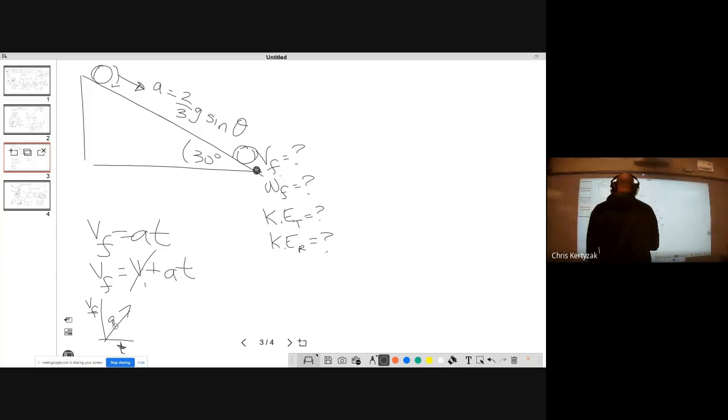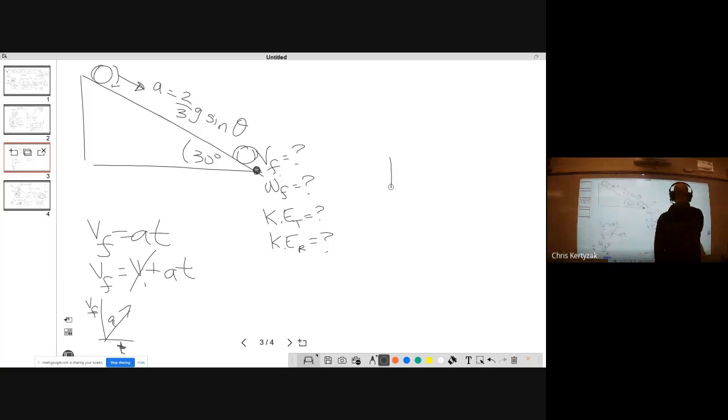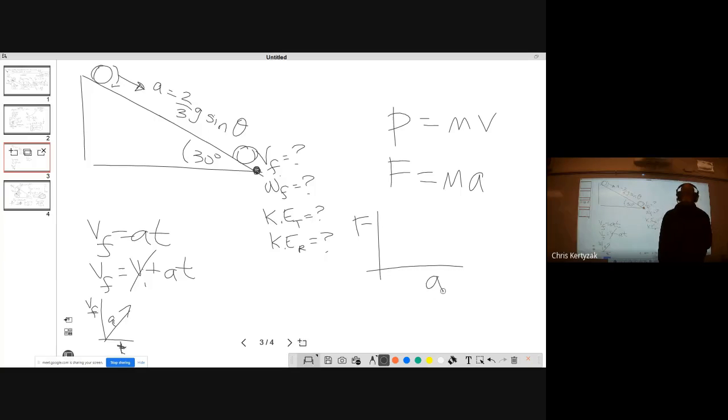It's a key thing that you need to be able to do. It doesn't really matter what it is, right? If they decide to put F versus a, well, what is the graph going to look like? Well, it's going to be linear. So these are all in the form of y equals mx. What would the slope be? What would be m?